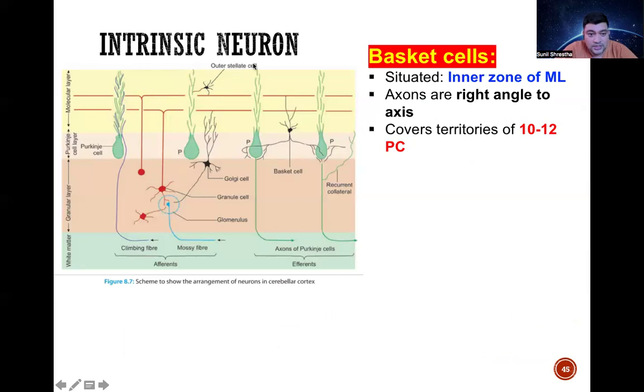In the outer layer of the molecular layer you will find the stellate cells, but in the inner layer of the molecular layer, you will find the basket cells. The axons are at a right angle to the axis, and they cover 10 to 12 Purkinje cells. That is the covering capacity: its axons get connected with 10 to 12 Purkinje cells.